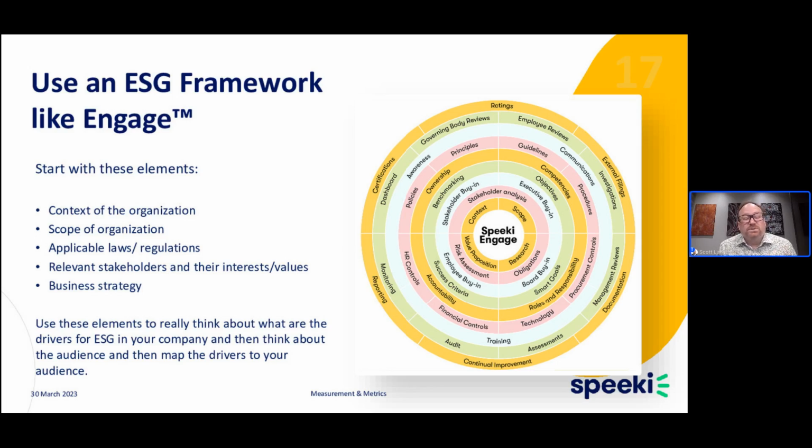Now, one of the things that we've built at Speeki is what we call the Engage framework or the Engage methodology, and it's seen on the screen. I've talked about this in previous webinars. It looks a little scary at first glance, but actually it's not. What it's saying to you is start at the center, and before you start really building your programs, stand back a little bit and think about, what is your company?